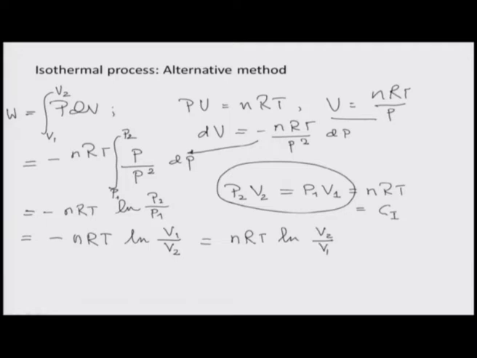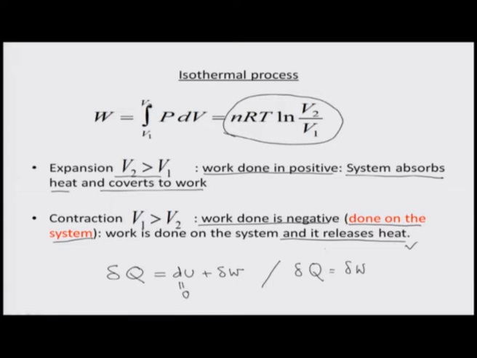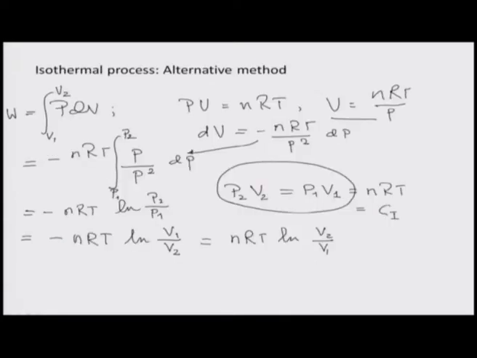If you compare with the previous slide, this is precisely the result we obtained. So this result can be obtained in an alternative way. I did it only to give you a different mathematical procedure. So this is all about isothermal processes.